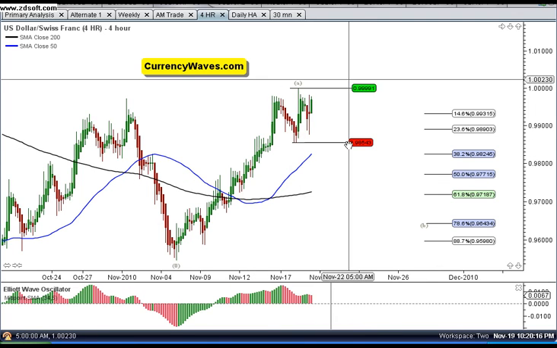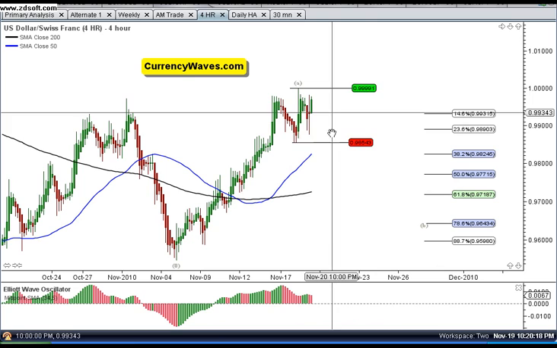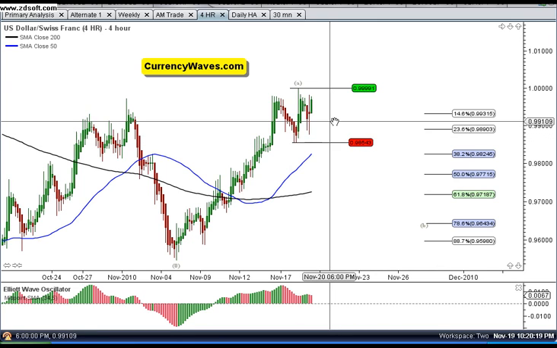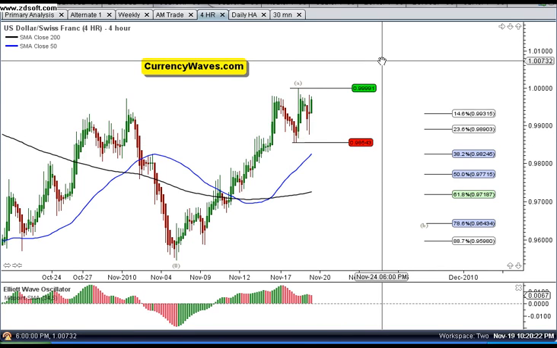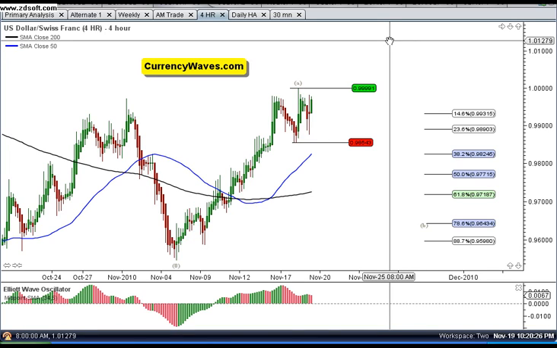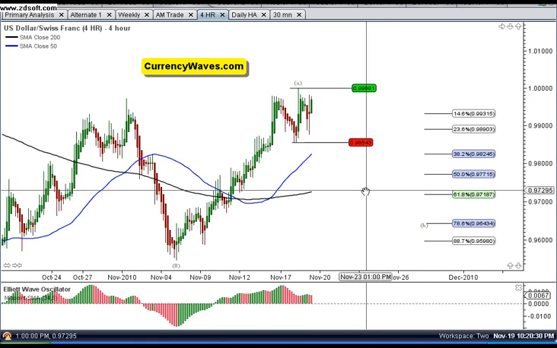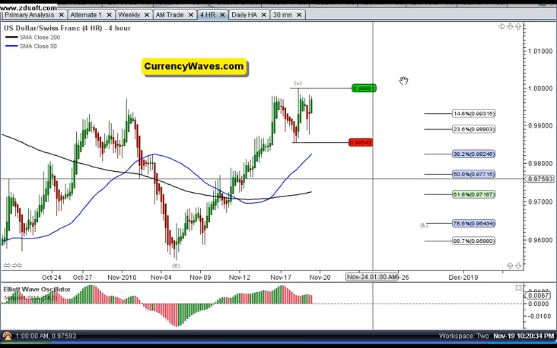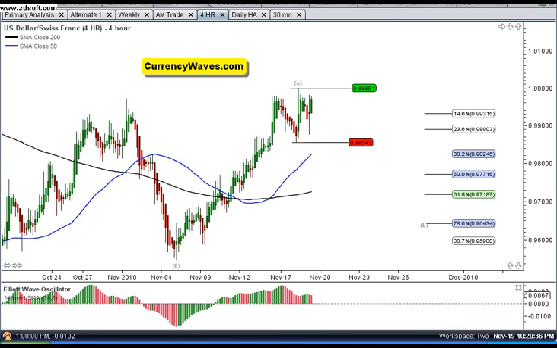So again, just watch for the consolidation between the recent highs and lows here, and see if it breaks to the upside, and keep your stops tight on the way up. And if it comes back down to the 61.8, look for some possible longs to go higher. I do expect the pair to go higher over the weeks and months ahead.